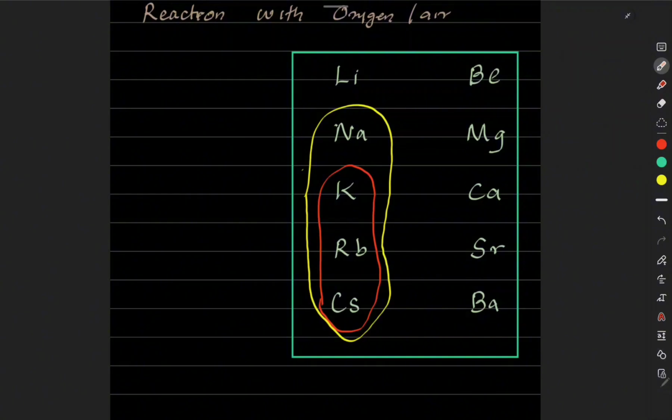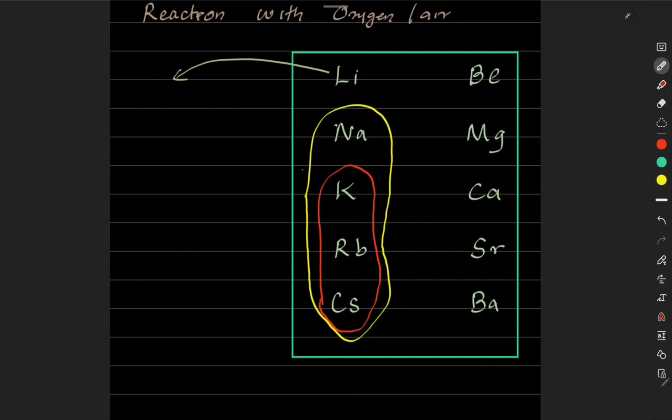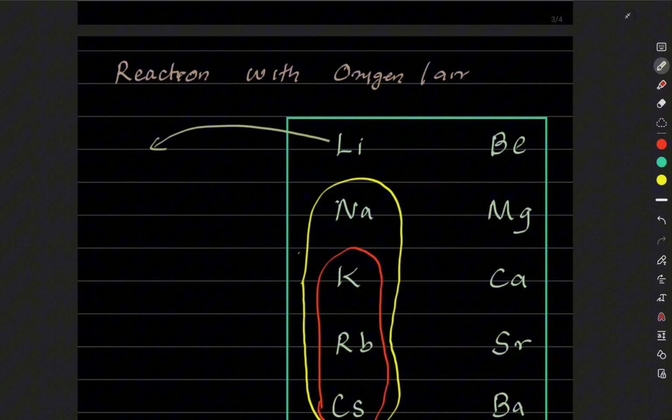Lithium is a special case. The air contains nitrogen and oxygen, and lithium reacts with both. Lithium reacts with nitrogen and forms Li3N.